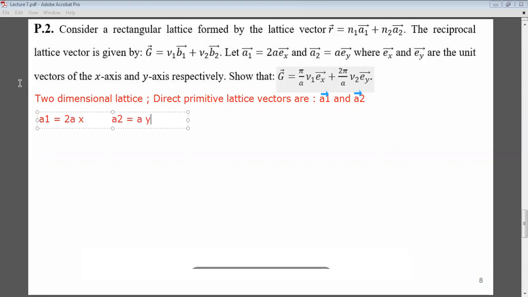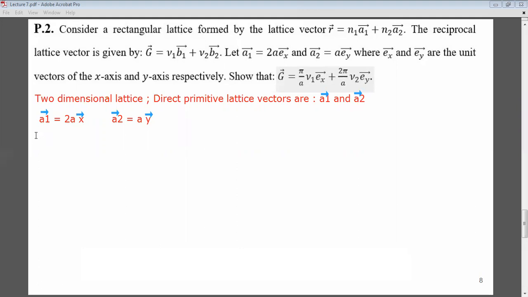EX and EY are the unit vectors of the X-axis and the Y-axis respectively. I will stick to calling them X and Y so you don't get confused. We want to show that G is pi over A V1 EX plus 2 pi over A V2 EY.